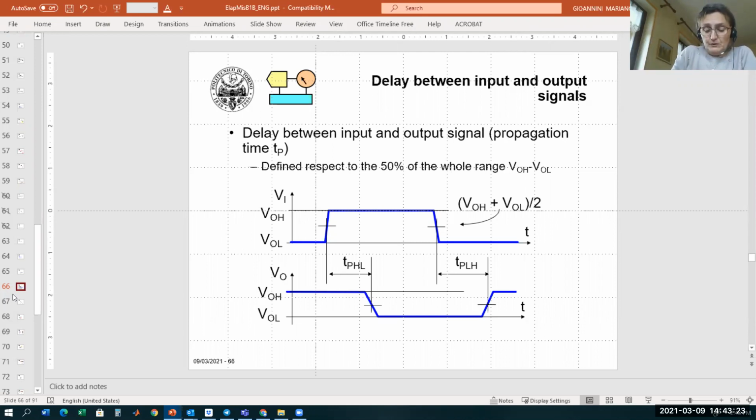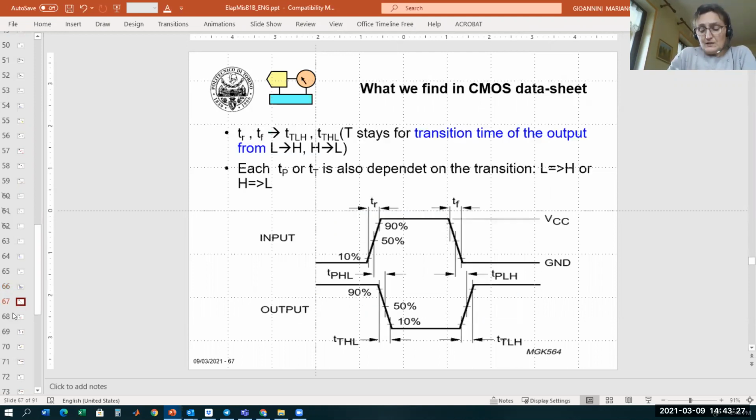So for example, for the input and output signals, as shown here, we have rise times and falling times, first of all. Then we have delays between input and output. A variation indicated here at the input will cause a variation of the output, but this variation is not instantaneous.